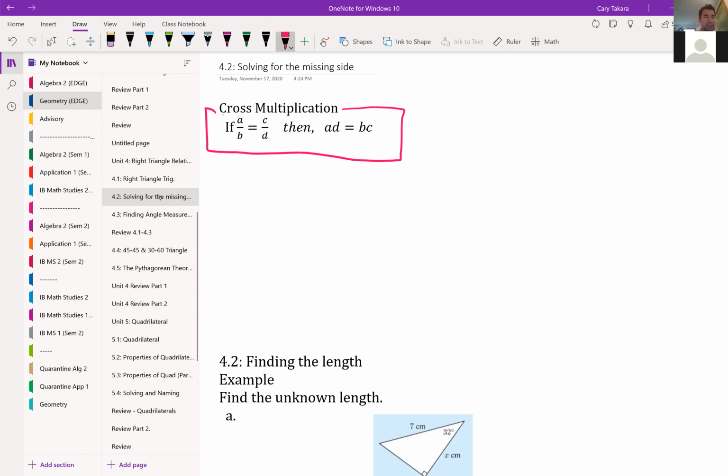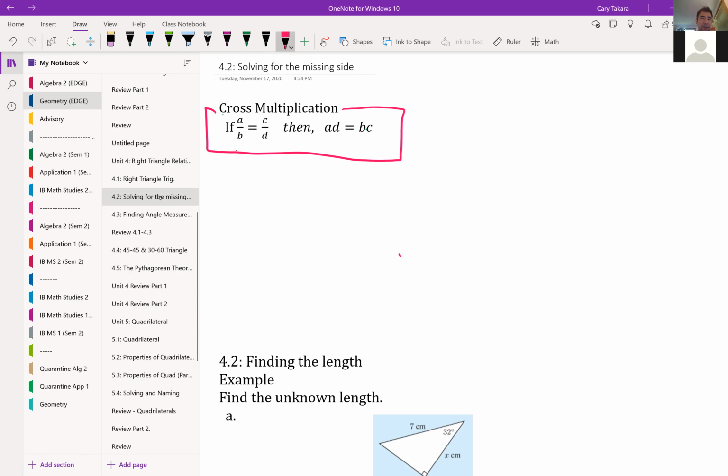Cross multiplication says, if you have two fractions equal to each other, A over B equals C over D, then A times D, if you multiply diagonally, is going to be equal to the other diagonal multiplied together. It's called cross multiplication.